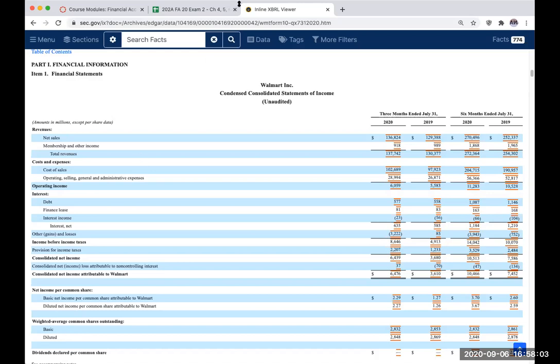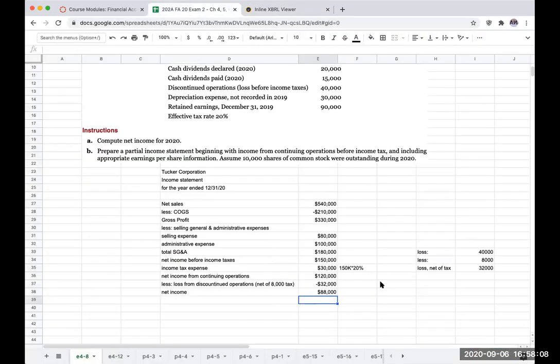Well, basic earnings per share, and you're going to learn a lot more about this in 202B, but what basic earnings per share does is we would be taking our 120, dividing it by the average shares outstanding over here of 10,000. So my basic EPS would be $12 per share.